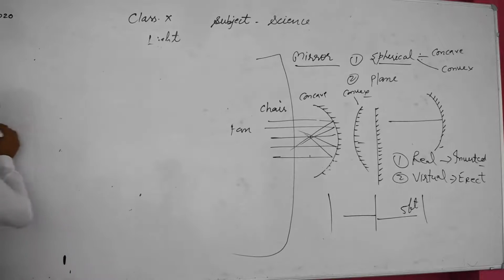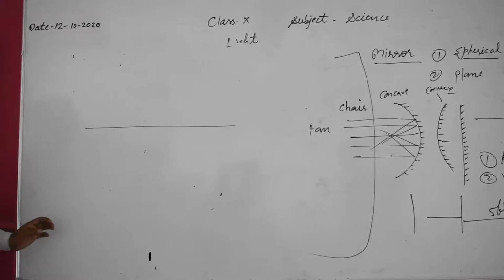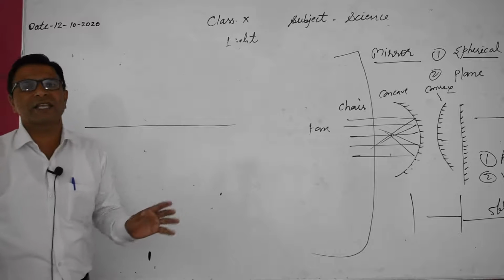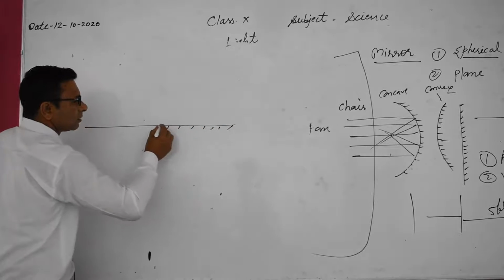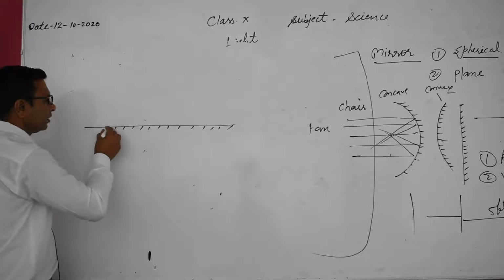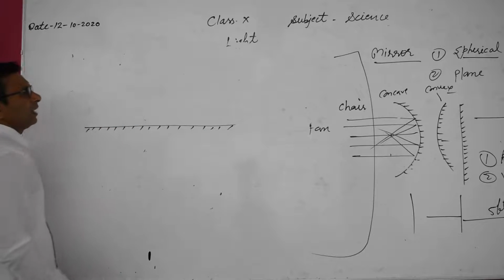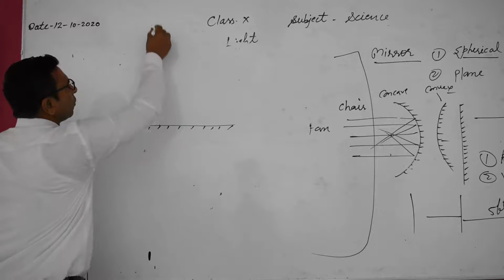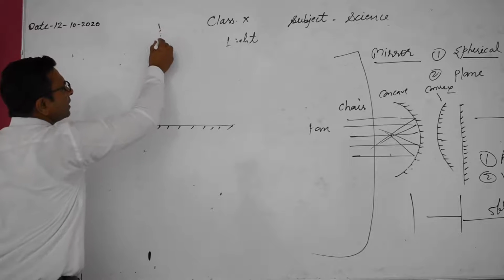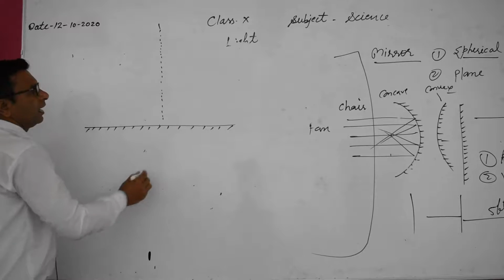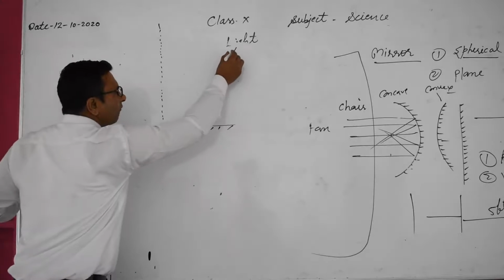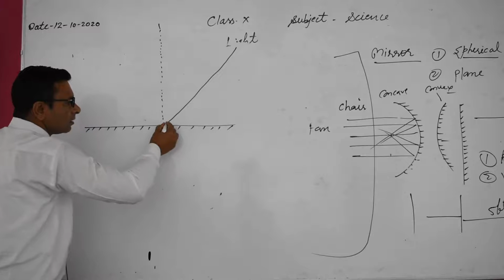You can see in the diagram, that is a surface, and it should be an opaque surface. And the perpendicular on the surface is an imaginary line.